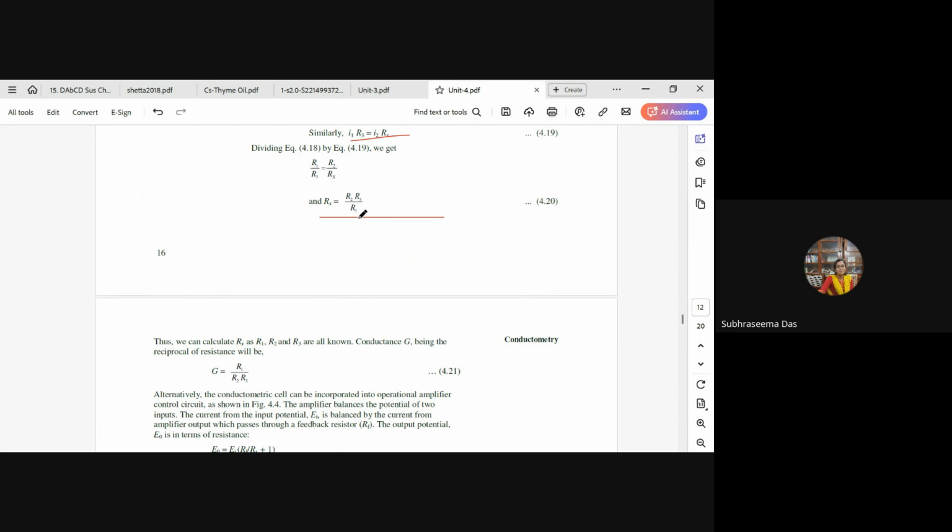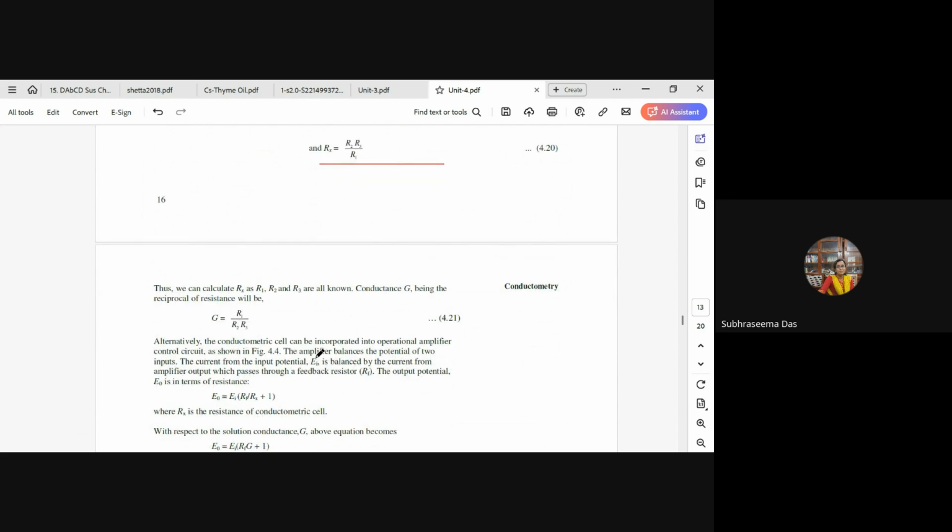So once we know the values of R1, R2, R3, the Rx value can be found out, and the conductance, which is the reciprocal of resistance, can be given as R1 by R2 R3. This is a very important application of the Wheatstone bridge.